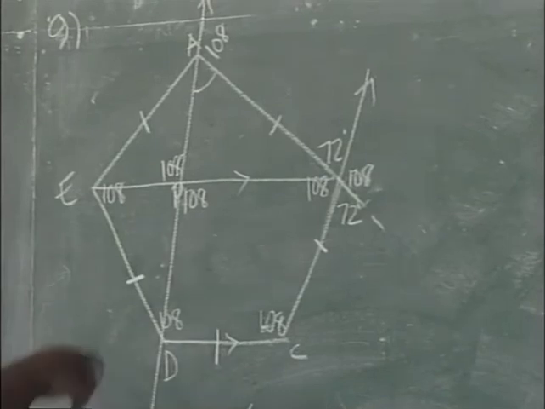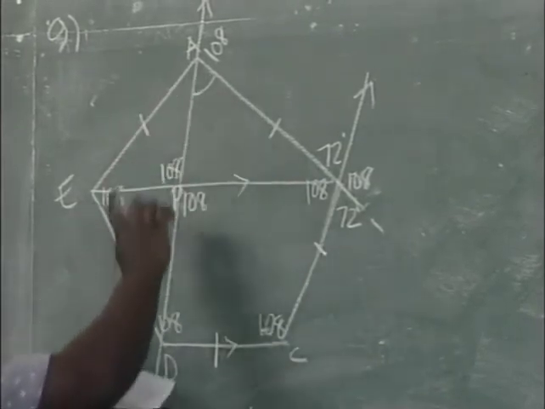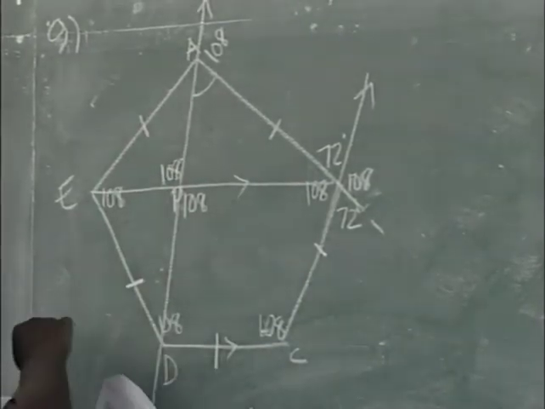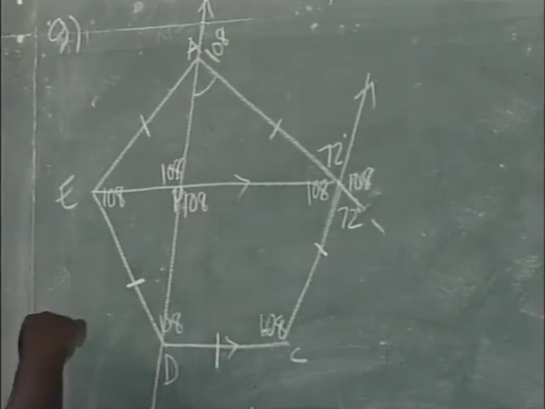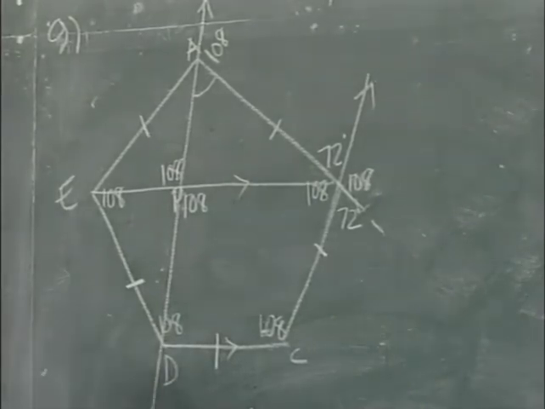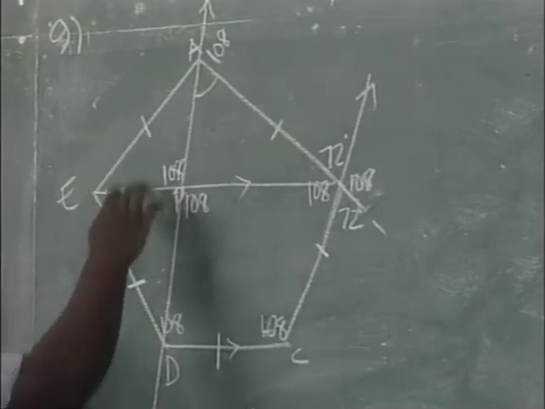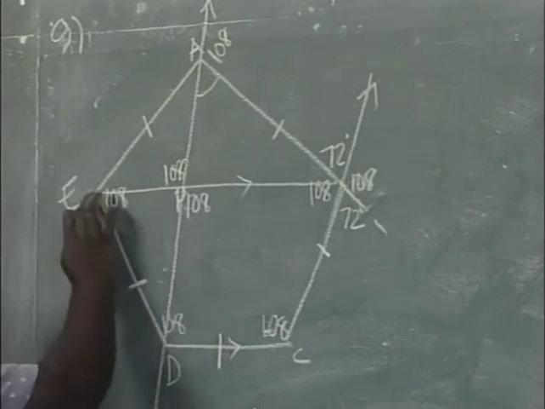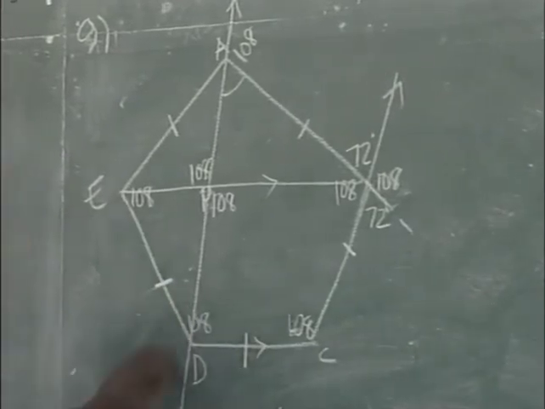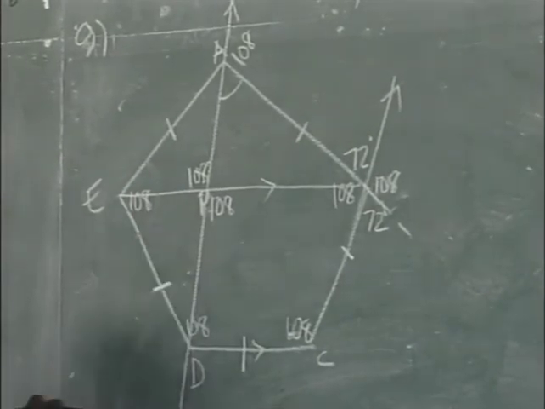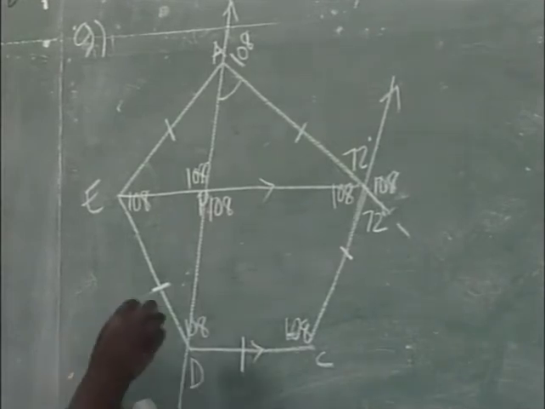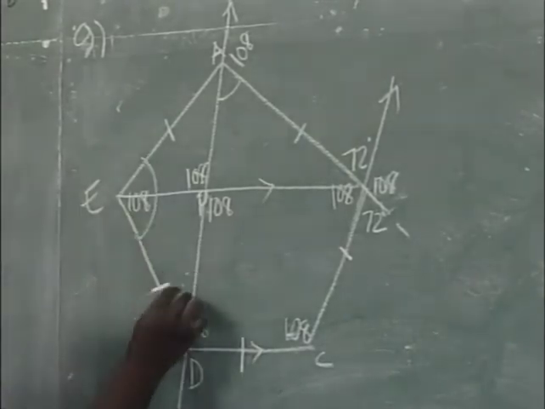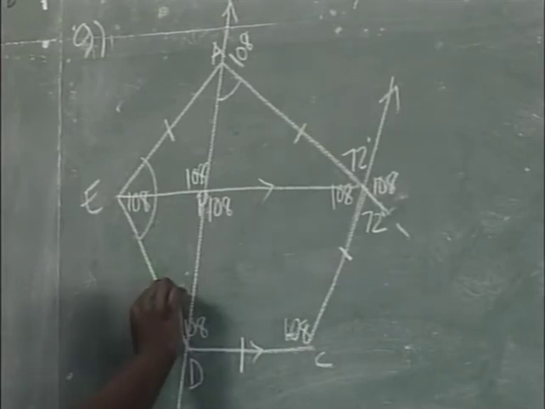Okay, you were asked to find angle BAD and angle APE. If these two are equal, then this triangle here is an isosceles triangle. If this is 108 degrees, what's the value of this angle here?